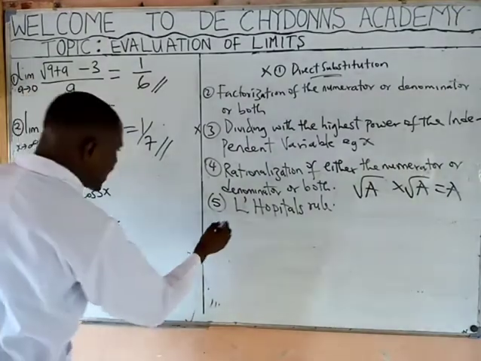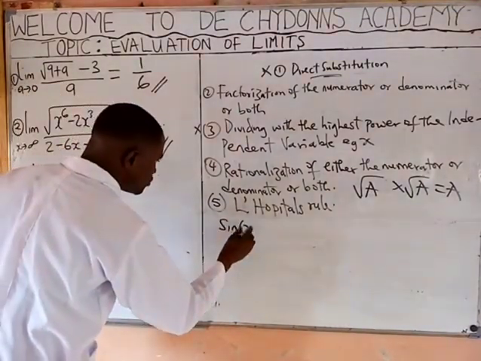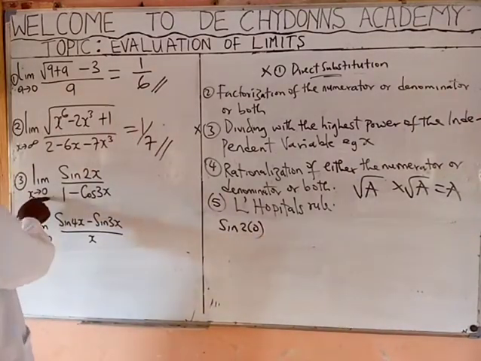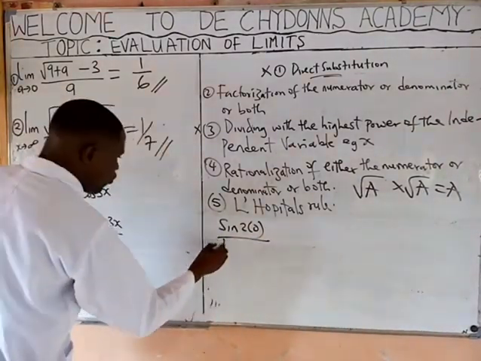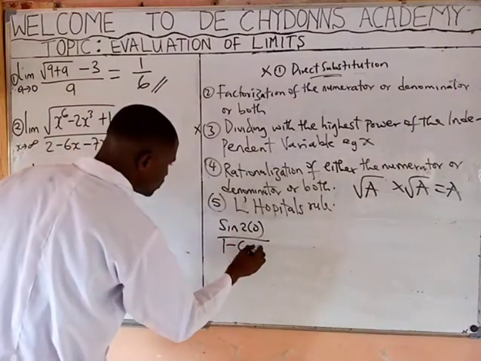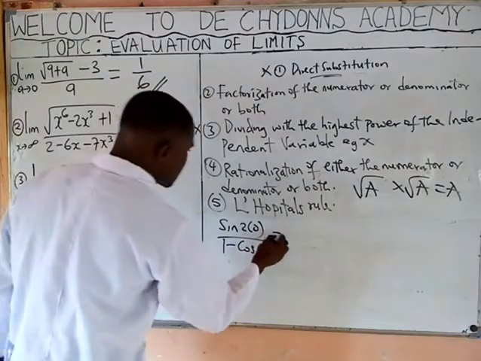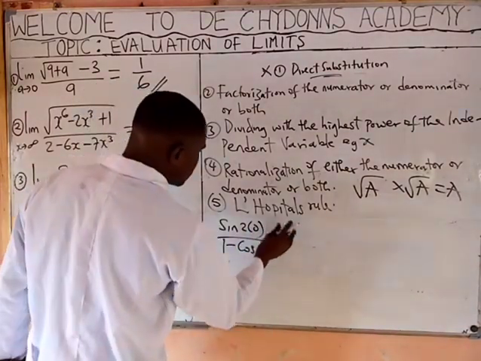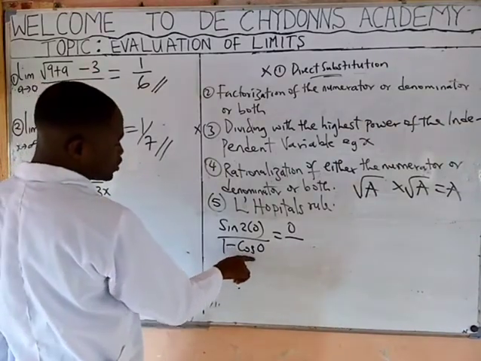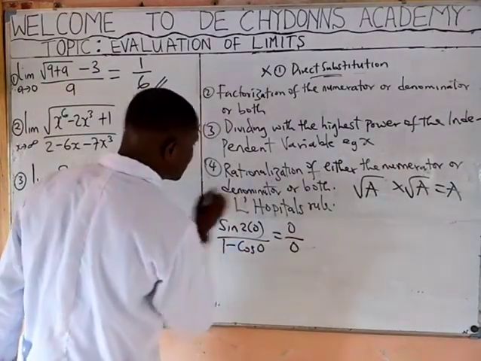Say sine 2 times 0, because x is 0, all over 1 minus cos 3 times 0. That will be giving you sine 0 is 0, all over 1 minus cos 0, which is 1. 1 minus 1 is 0. Indeterminate.